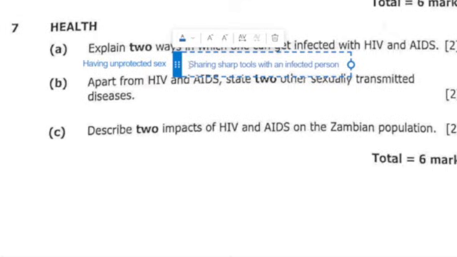Although in this instance, I need to be a bit specific. It's not just really sharing the sharp tool. This sharp tool should also be contaminated.